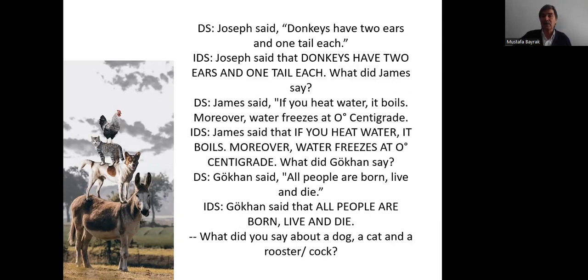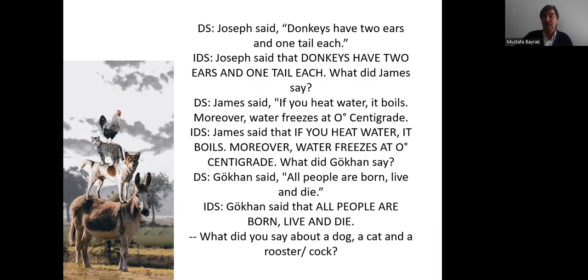It's a fact. For indirect speech, Gökhan said, yes, the main clause in simple past tense, but the rest, the that clause, the noun clause, is still in simple present tense. Why? Because it's a truth, it's a fact, it's a reality. Gökhan said that all people are born, live, and die.